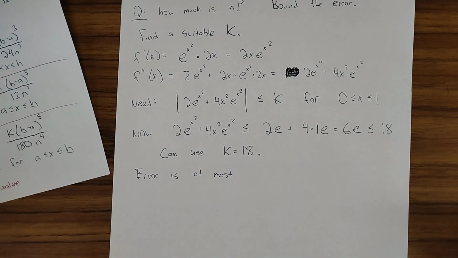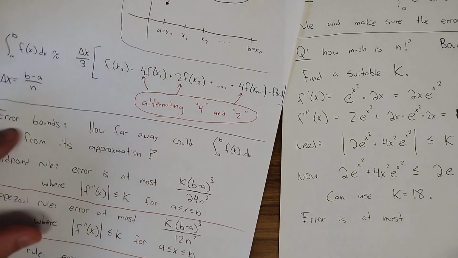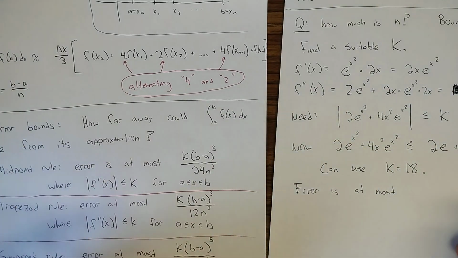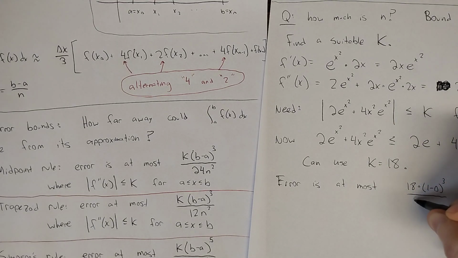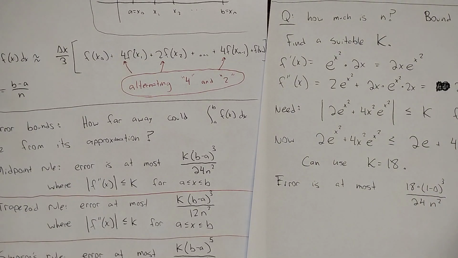So the error when we use the midpoint rule is at most, going back to this, 18 (b minus a) cubed over 24n squared.